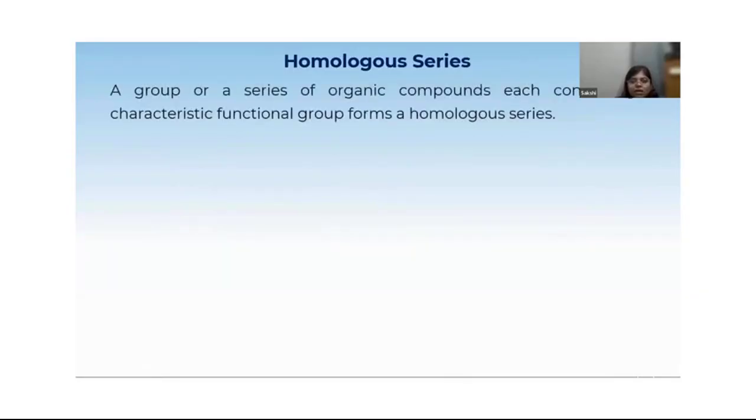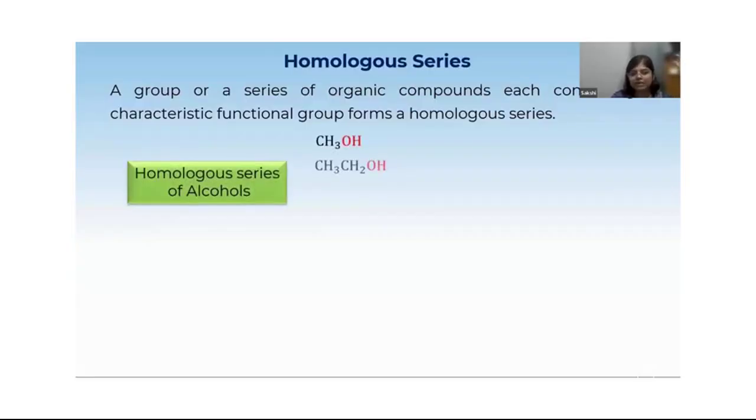Okay. So now we start with the homologous series quickly, and then we can start the naming. What is a homologous series? Series that differ by a CH2 unit are called homologous series. You can see here each unit is differing by only a CH2. That is called a homologous series.